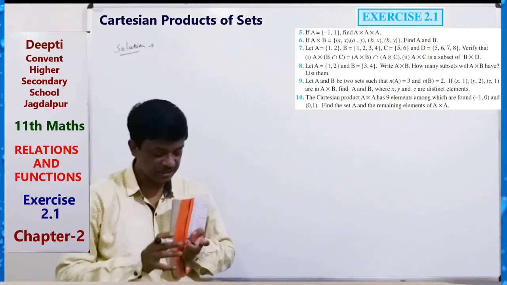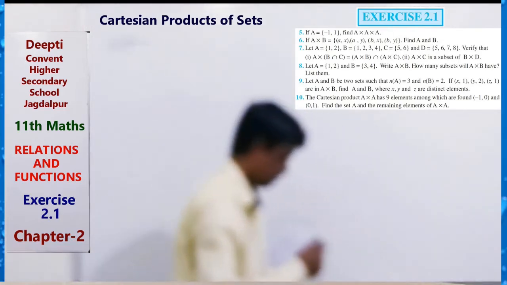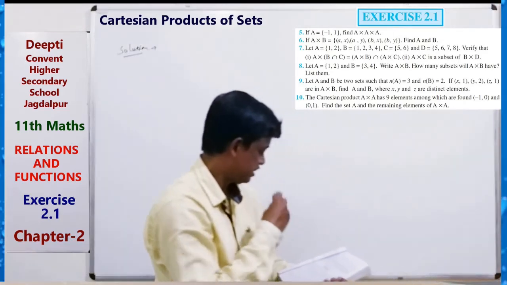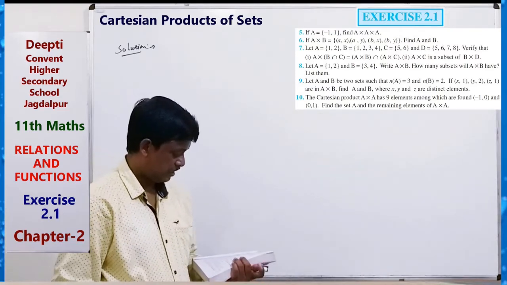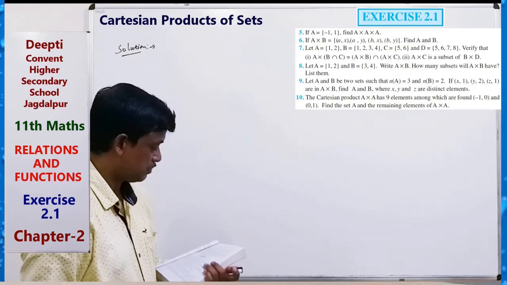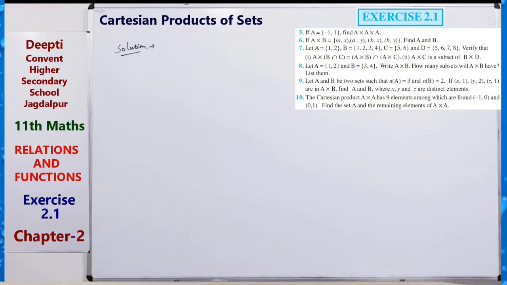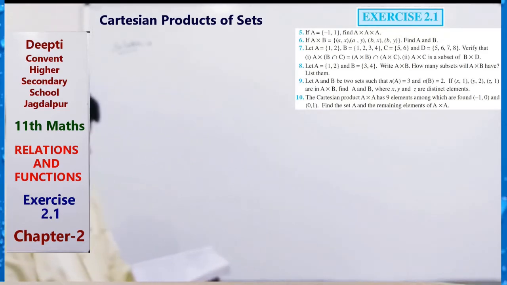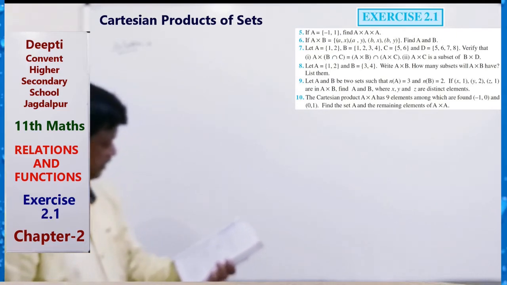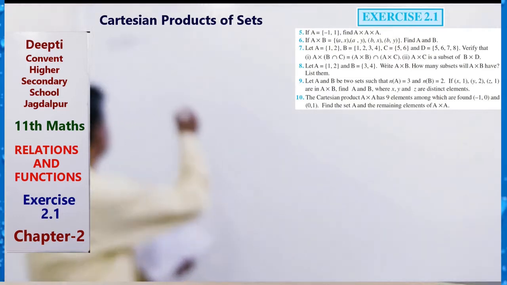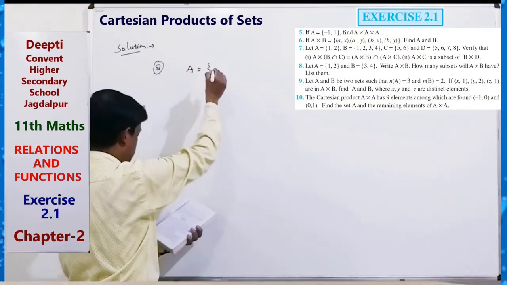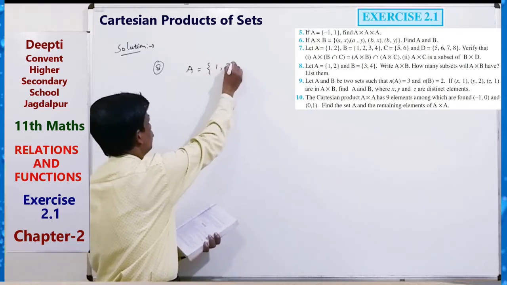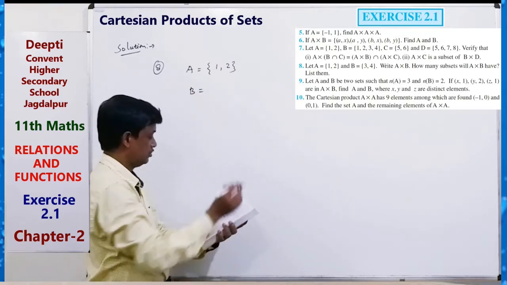Now, question 8. Let A equals 1, 2 and B equals 3, 4.